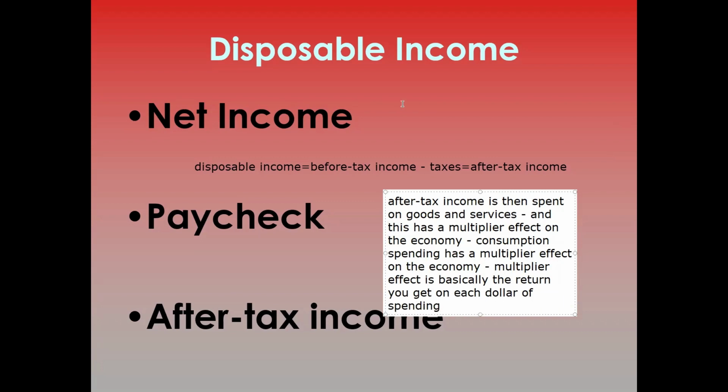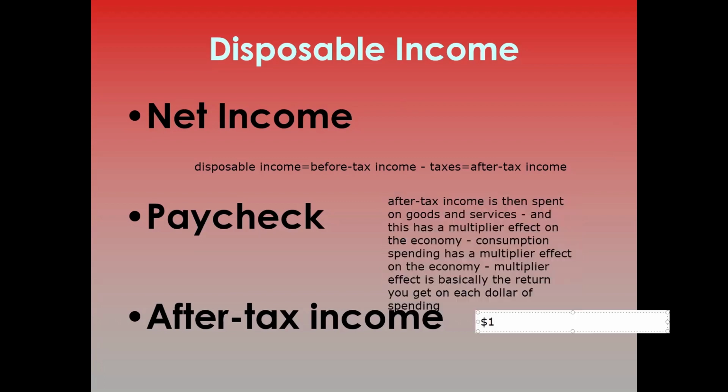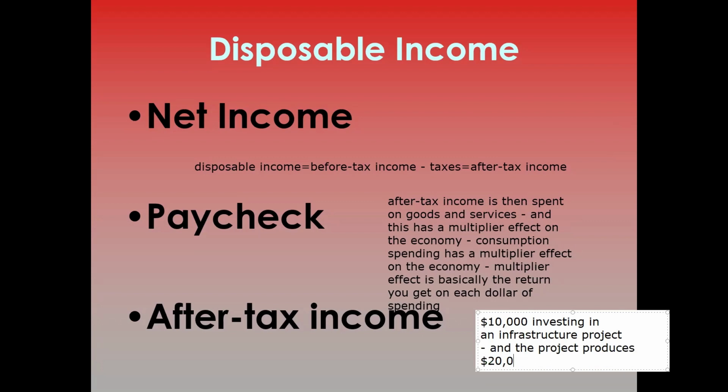So let's say you spend $1. Let's say you spend $100 investing in an infrastructure project. Let's say it's 10,000, because that looks more realistic for infrastructure. And the project produces 20,000 in value.